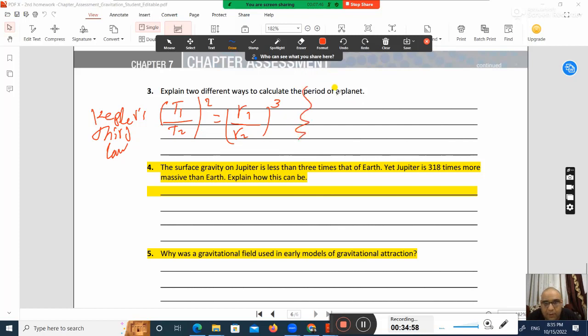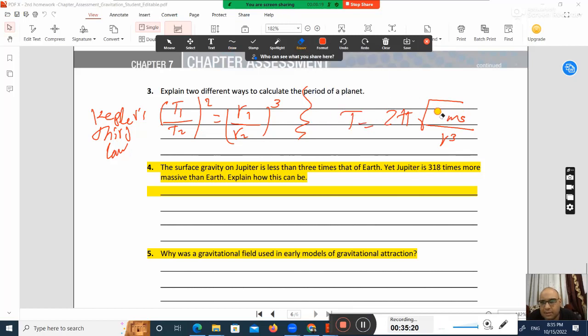And also we have another one, which is T equals 2 pi times the square root of R cubed over G M S, where M S is the mass of the sun.